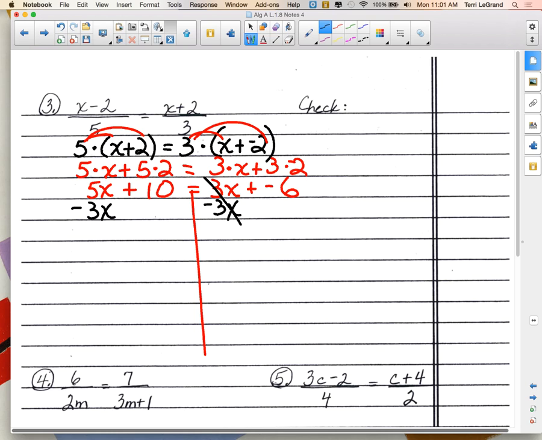So now what does our left side read, Seth? What's the left side read now? 2x plus 10, okay. And Samuel, what's the right side read? Negative 6. Okay, go ahead and finish this one. Finish solving it and see what you get for a solution.